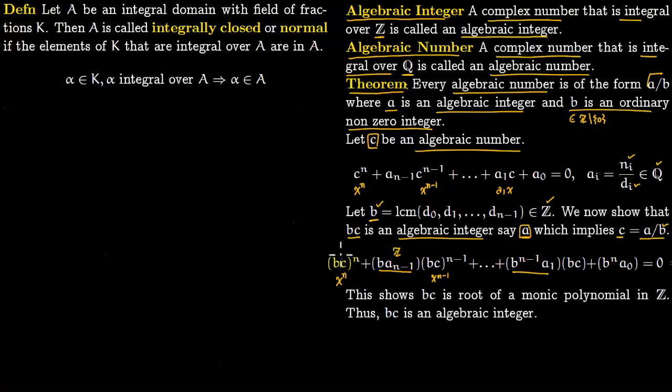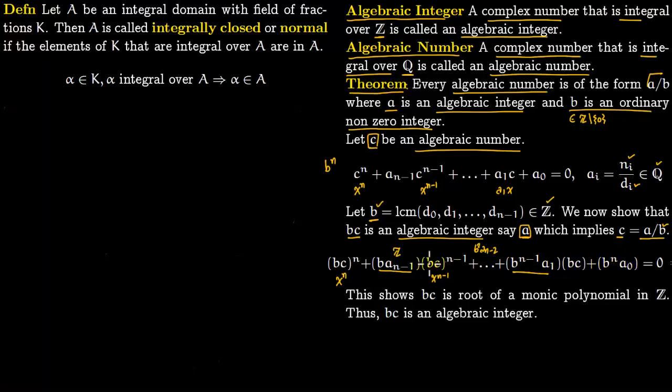Now we just need to show that there is some polynomial like this which exists, but we are just going to take the same polynomial which was here and multiply. This equation is satisfied by c. Now you multiply both sides by b^n, so you get (bc)^n here, then you have b^{n-1} here and b here, and so on. Each of these terms, b a_{n-1}, and then the second term would be b^2 a_{n-2}, would be an integer because this b will cancel out the denominators in a_{n-2}, and so on.